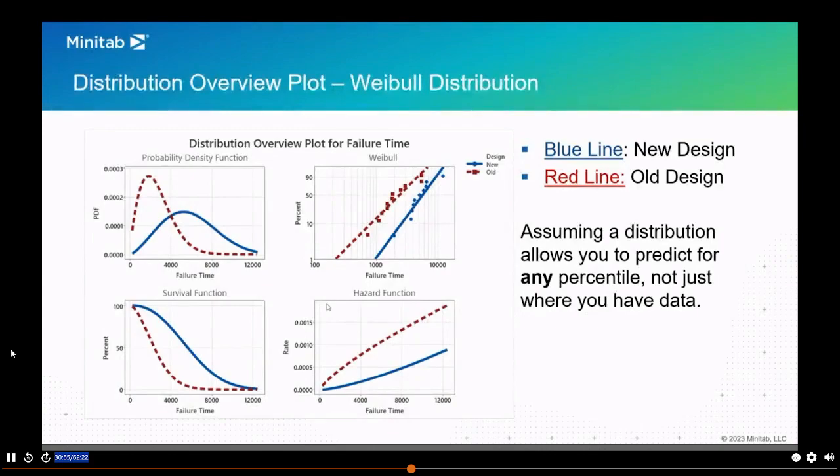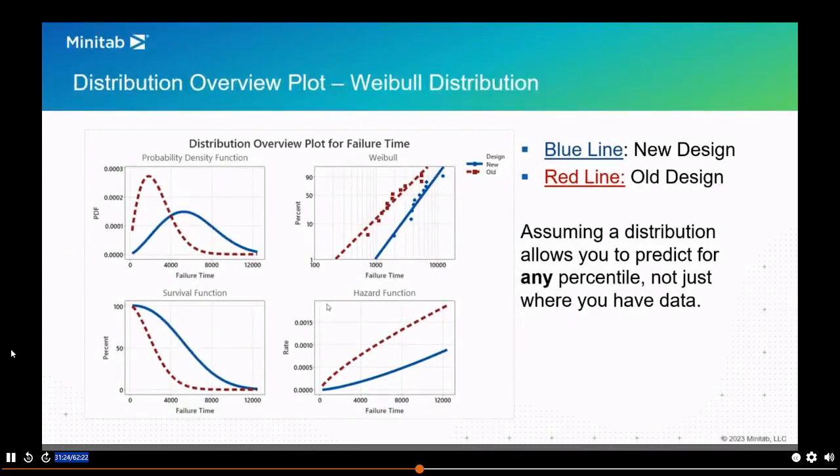We're going to put it on that Weibull graph paper. And the Y scale on this represents the percentiles for a Weibull distribution. The X, or the horizontal scale here, represents the failure time on a log scale. And we see the blue line is to the right of the red line. And so we see that the new design did extend the life. It moved to the right.